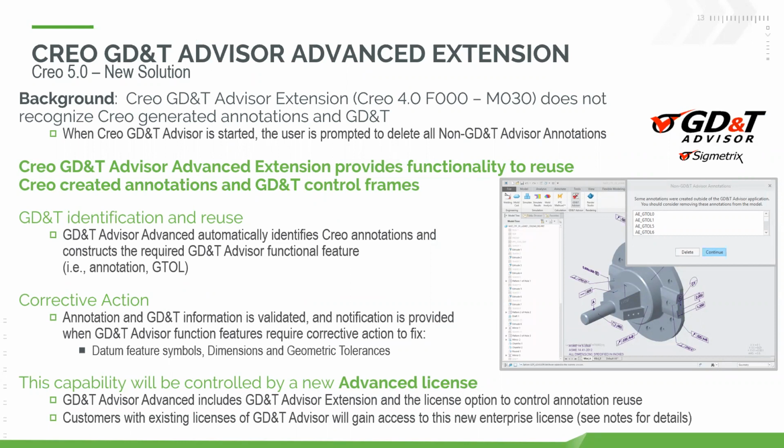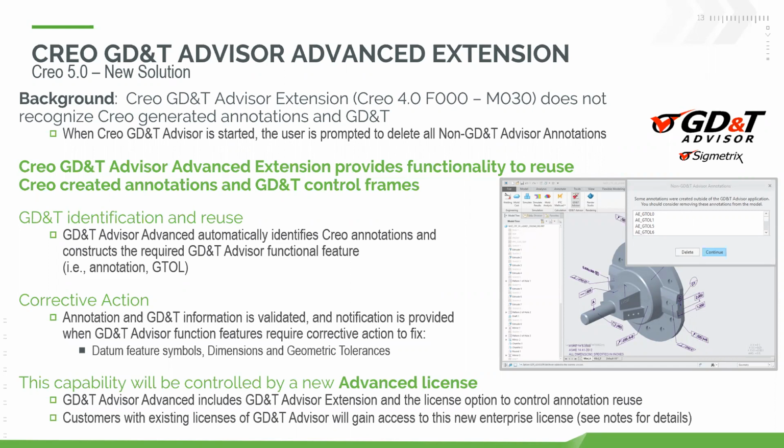But what the advanced extension gives you is the ability to identify pre-existing annotations and then go through and reconstruct the required GD&T Advisor features as well. So it can take all those, identify them, and recreate them in the GD&T Advisor. And not only that, it's able to validate that anything that was created previously is done correctly. So it'll go through and check all of this against your standards.